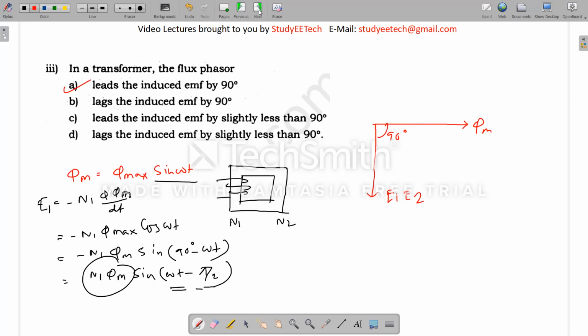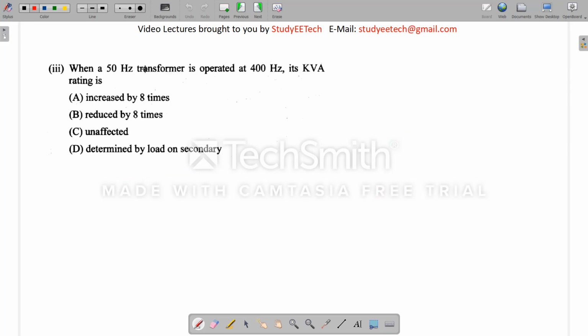The next question: when a transformer is operated at 400 Hz, its kVA rating. Look, the transformer's kVA rating is inversely proportional to f. The kVA rating is actually the size of the transformer.